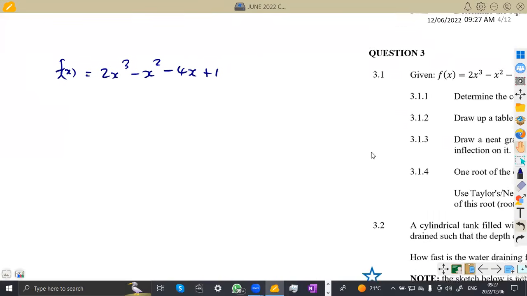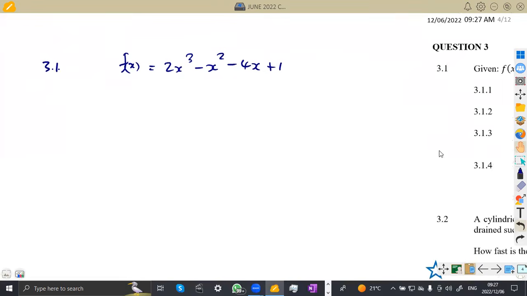So to find the point of inflection, what are we supposed to take into consideration? We must understand that for the point of inflection, the second derivative must be equal to 0. That's the concept.